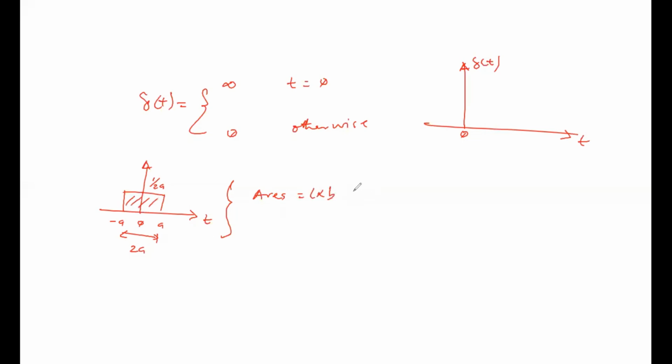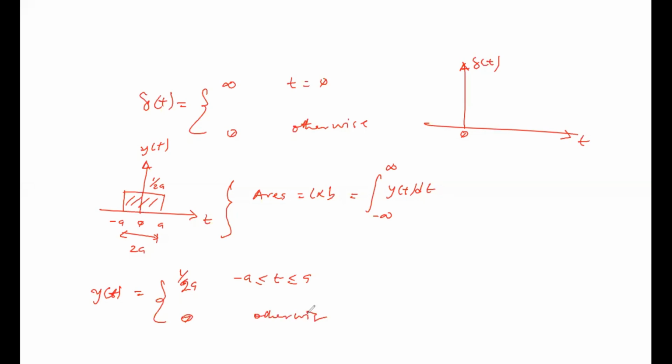Which is going to give us the integral from negative infinity to positive infinity of y(t) dt. Now, since y(t) in this case is defined as 1 over 2a, taking the range from negative a less than or equal to t less than or equal to a, then 0 otherwise. So if we integrate this over this limit, we should get the area.